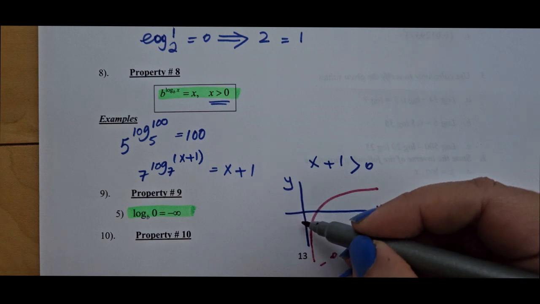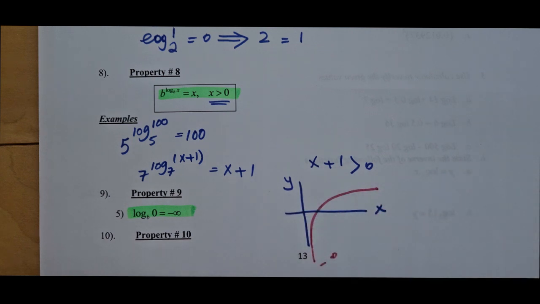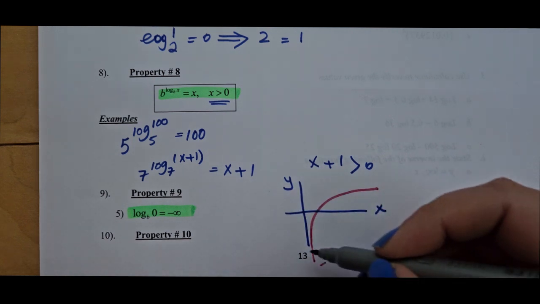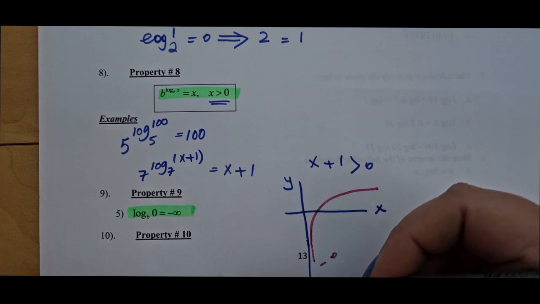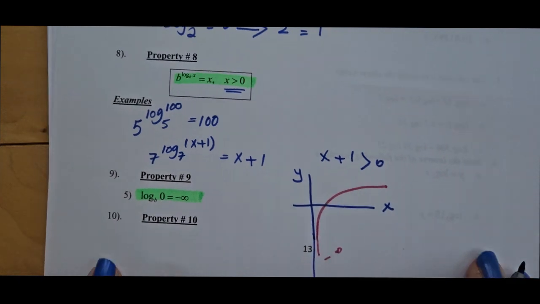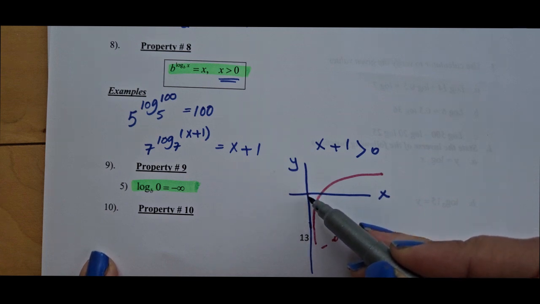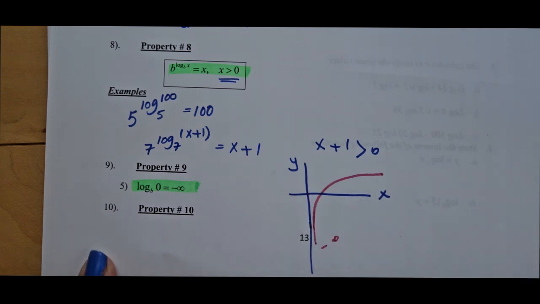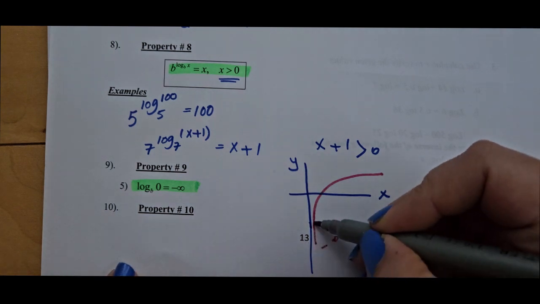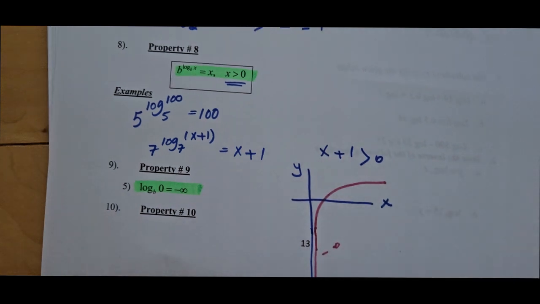So at point 0, it goes toward negative infinity, right? But it never touches the y-axis. Remember, guys, it gets so close to, but it never touches the y-axis. Actually, the y-axis is the vertical asymptote.